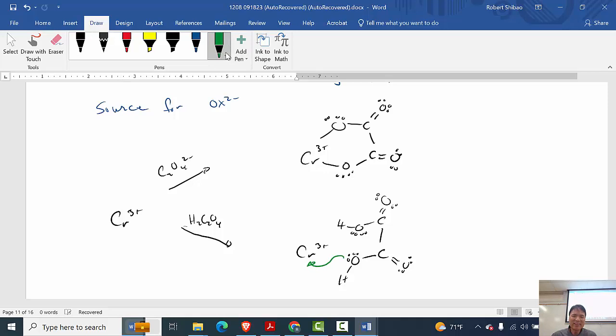So if that happens, let's say this lone pair attacks there, this lone pair attacks here. And then when that happens, the hydrogen leaves as a proton, leaving the bonding electrons behind. So we end up with something that looks like this.